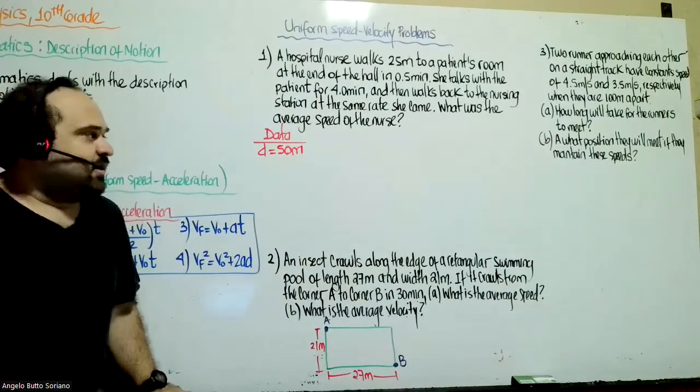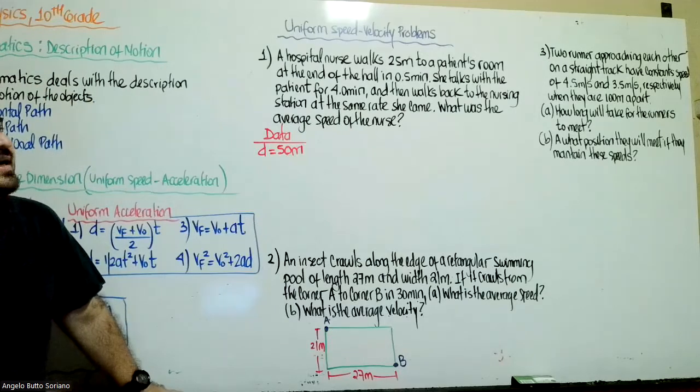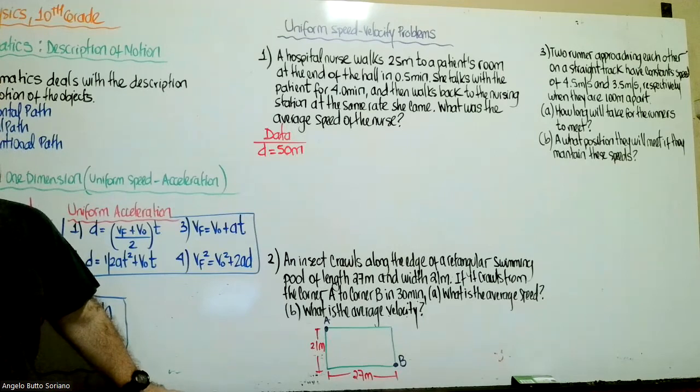Now, if you ask me, okay, but just in case the problem asks what will be the average velocity, remember the average velocity is the total displacement divided by the total period of time. If she moves 25 meters and returns 25 meters, the displacement will be zero because there is no change of position.